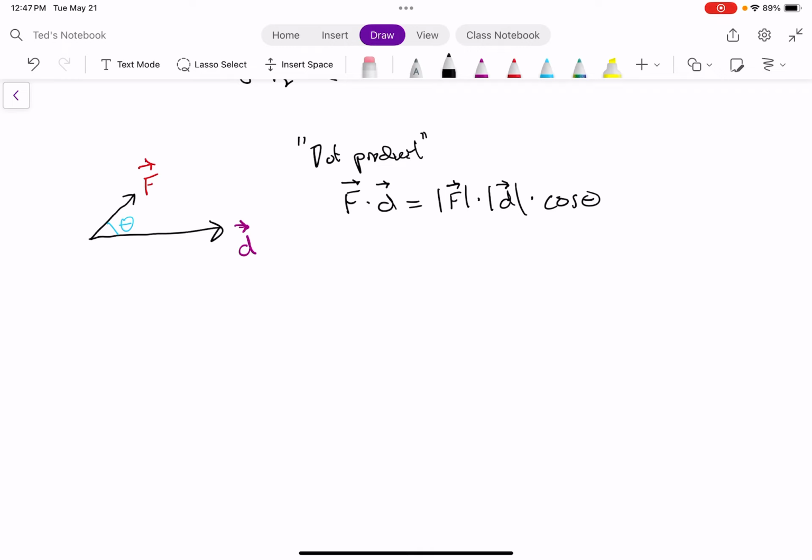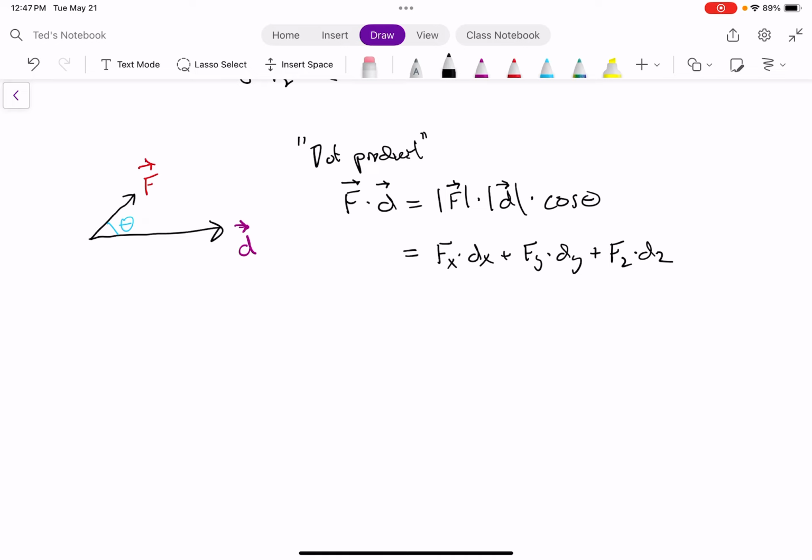Okay, so that's how we do it mathematically. There is another way to calculate this that always works. This is also equal to fx times dx plus fy times dy plus fz times dz.